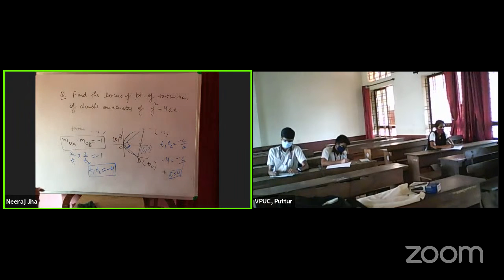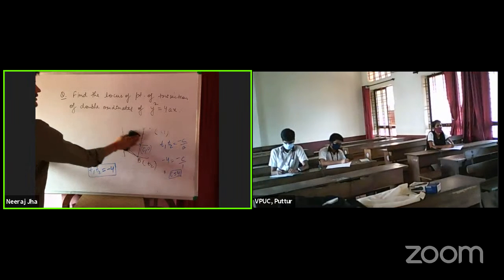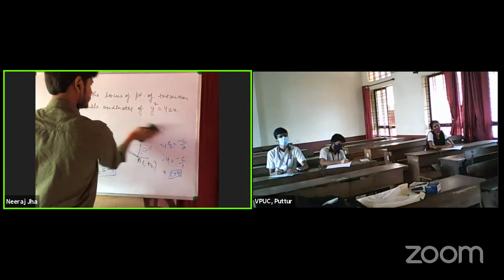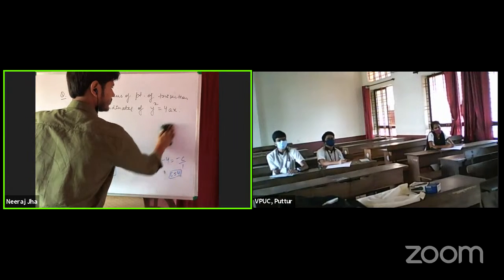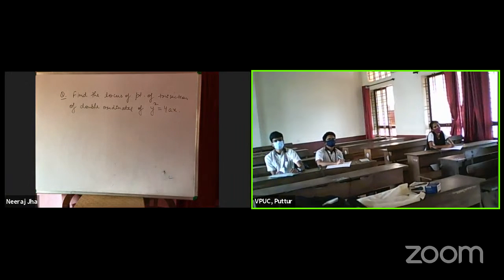What is trisection? Bisection is half, trisection is 1 by 3, meaning 3 equal parts. So 1 by 3 means 1:2 ratio. I'll just tell you.